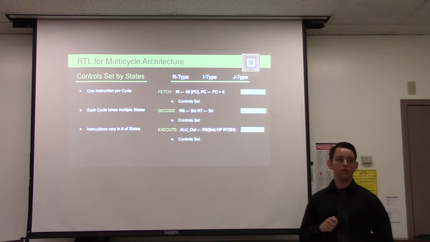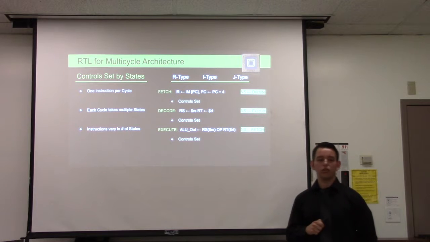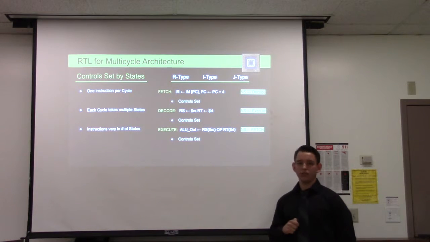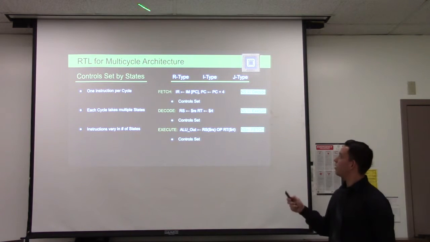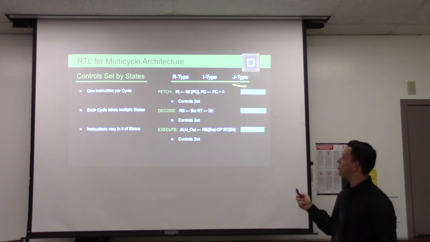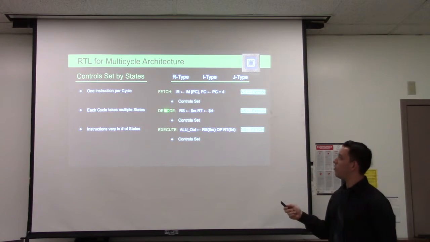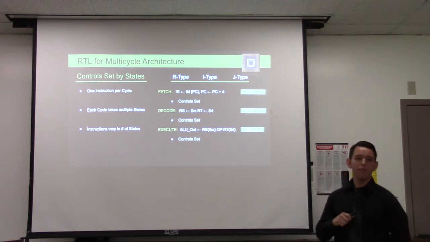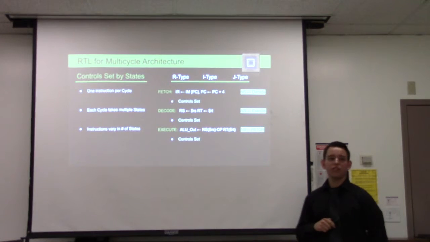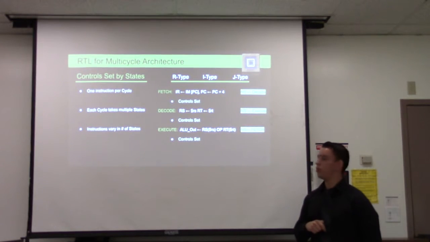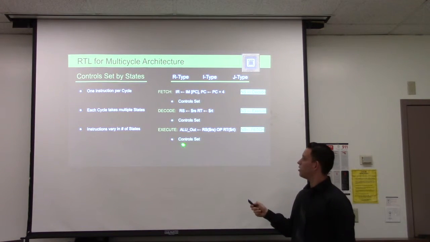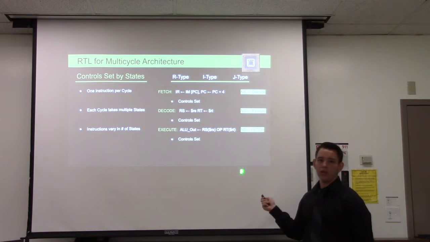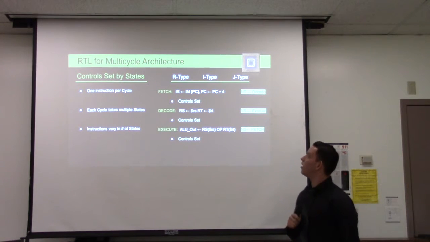So one instruction could be three states, and another instruction could be 6 states. On the right-hand side, you'll see that we have all 3 types here. All 3 types go through the first 2 states, which are fetch and decode, and then the execute state is what actually varies from type to type and from instruction to instruction. After it executes, there will be a write back state, which then goes back to fetch.